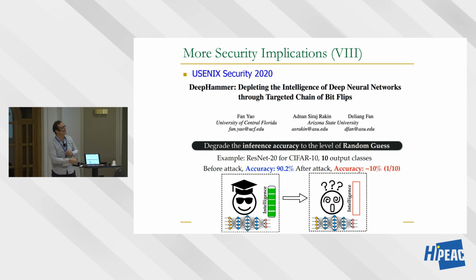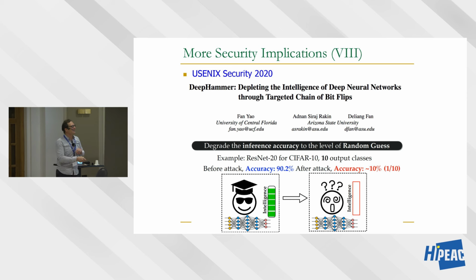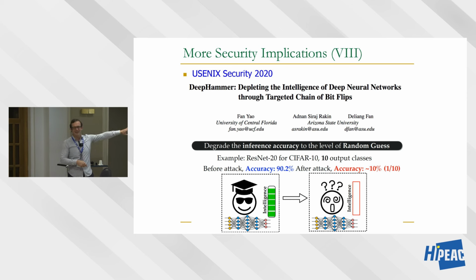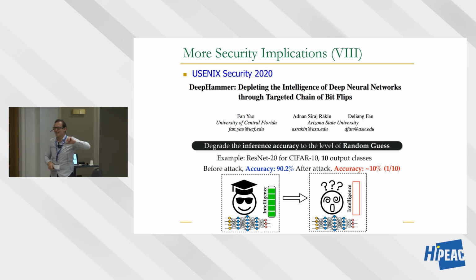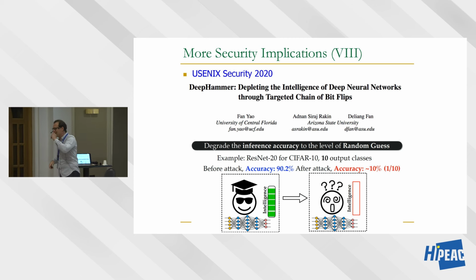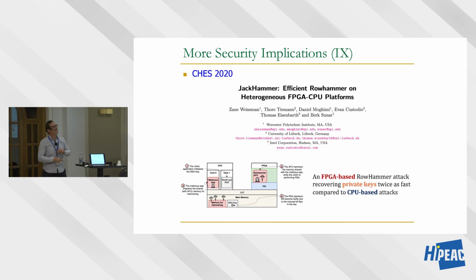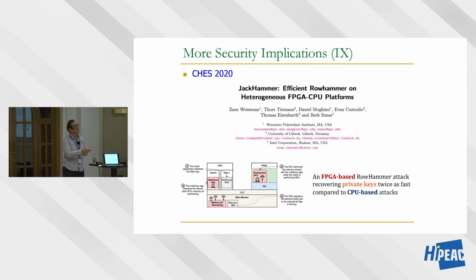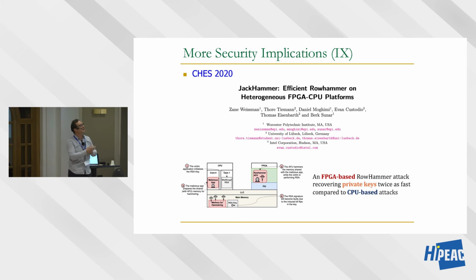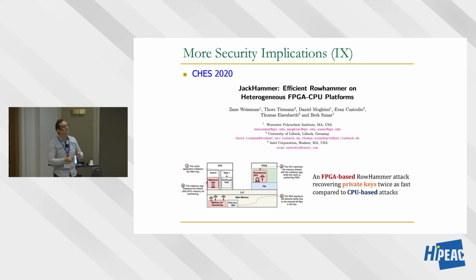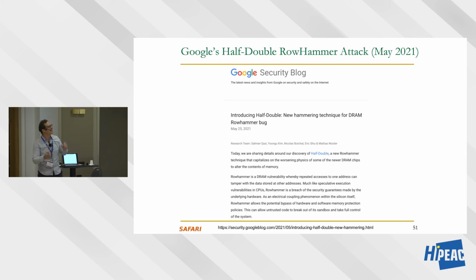And these folks, for example, show that a reasonably accurate network, I wouldn't call 90% reasonably accurate, but better than 85%, let's say, after the attack, you can get to about 10%, right? I wouldn't be driving a self-driving car that's 90% accurate, I think. That's why I made that comment. Okay. And people have actually shown these attacks can be, again, accelerated using FPGAs, etc. And then you can take out the cryptographic keys, etc. So there are a lot of interesting things.